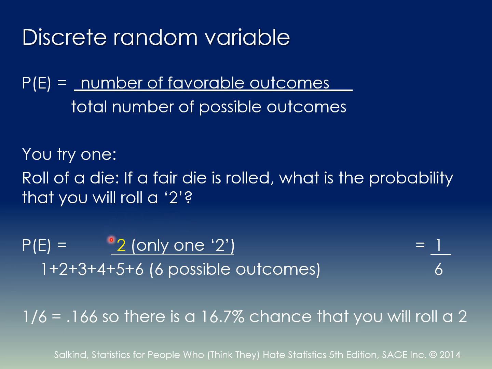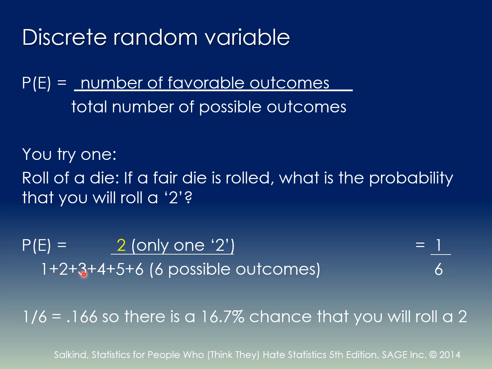Well, we want to roll a 2. Now there's only one 2 on a 6-sided die, right? And so we don't give our numerator the value of 2, we actually give it the number of 2's that there are. There's only one 2, and that's going to be the outcome. So the numerator is going to be a 1. The denominator, as we said before, is 6 possible outcomes. I can roll either a 1 or a 2 or a 3, 4, up to a 6.